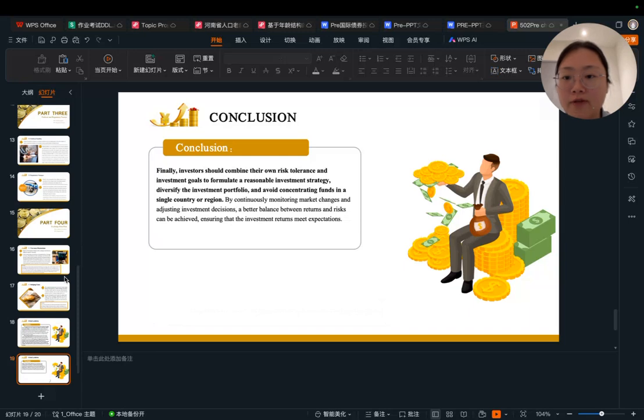And finally, investors should combine their own risk tolerance and investment goals to formulate a reasonable investment strategy, diversify the investment portfolio, and avoid concentrating funds in a single country or region.